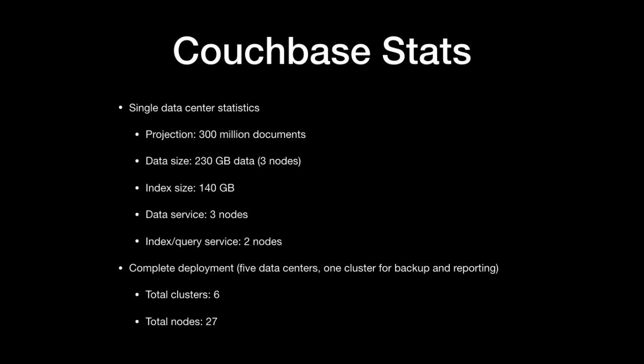The index size was 140 gigabytes, and the data service consists of 3 nodes, and the index and query services were on 2 nodes, so it was a total of 5 nodes per cluster. The complete deployment, which included a backup and reporting cluster, gave us 6 clusters with a total of 27 nodes.